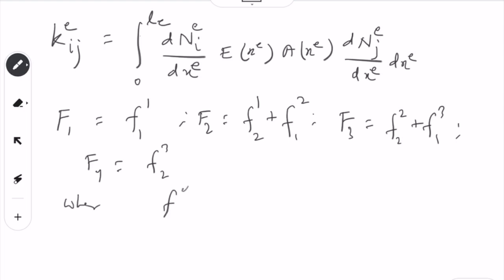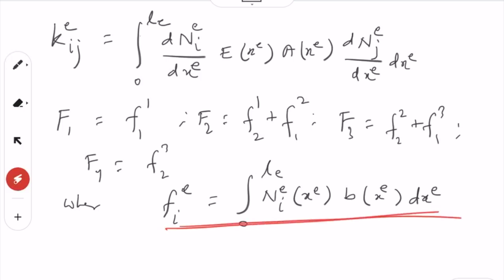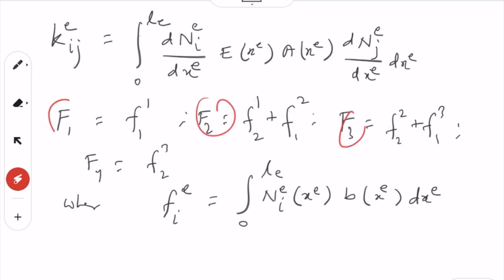f e I is equal to the integral from 0 to L e of N e I of x e times b of x e, d x e. So, this is the formula. This is how you can calculate it, and once you know this, you can calculate f1, f2, f3, f4.